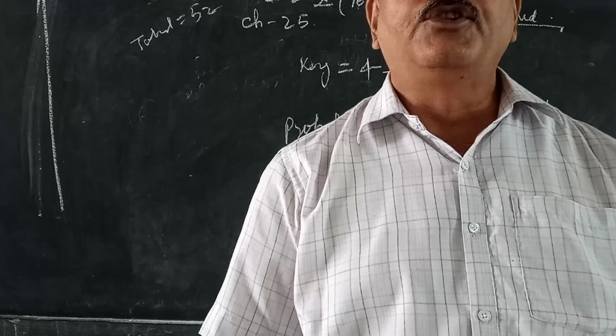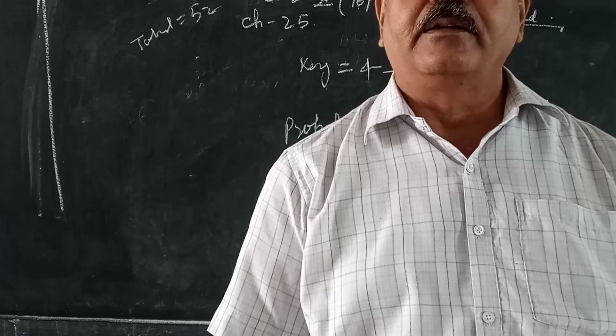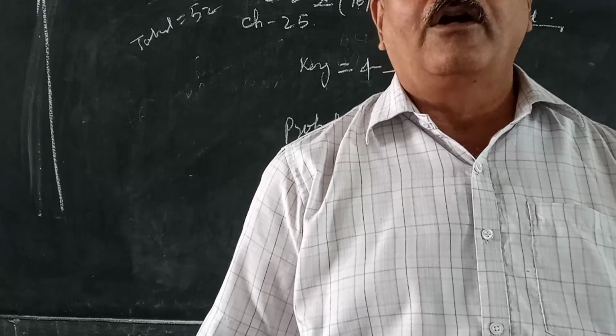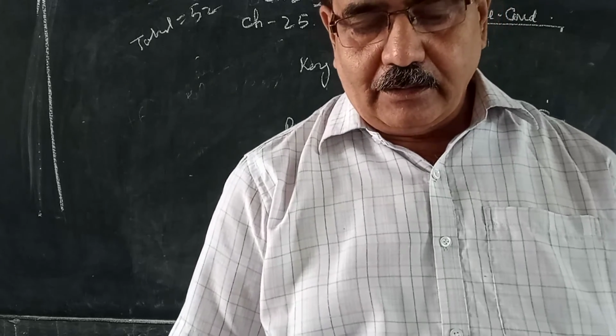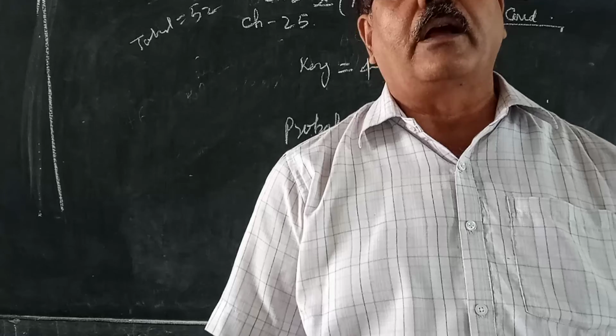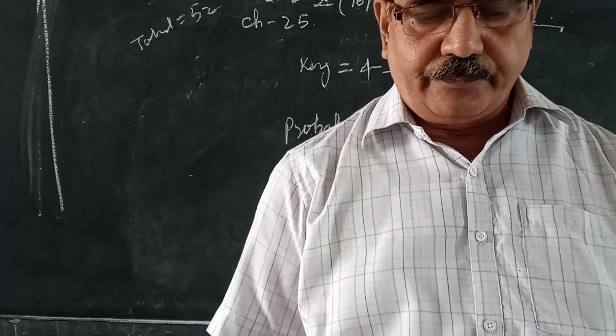Since OR is there, you have to take both. So 1 five from the heart and 1 five from the diamond. So altogether 2 by 52.